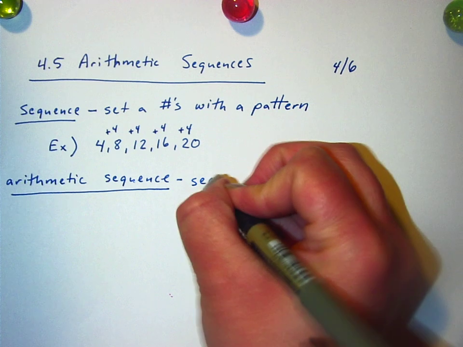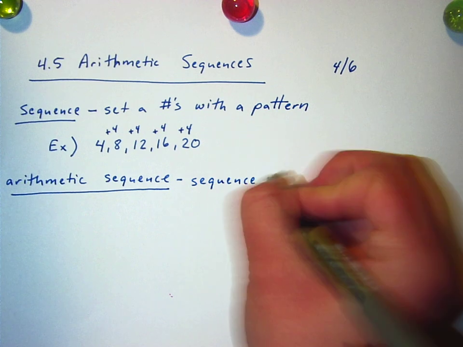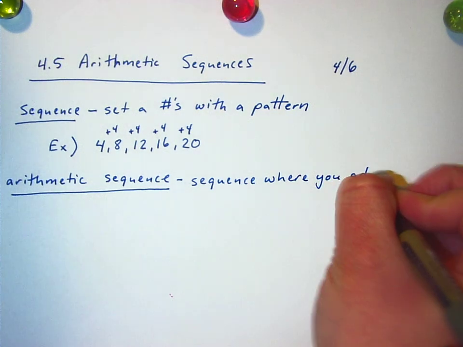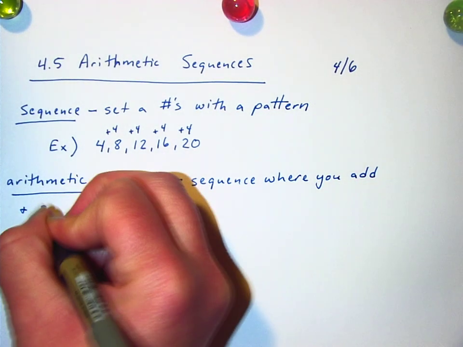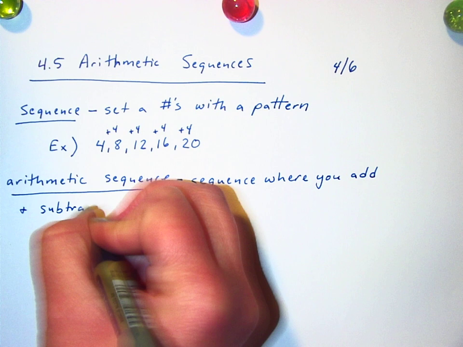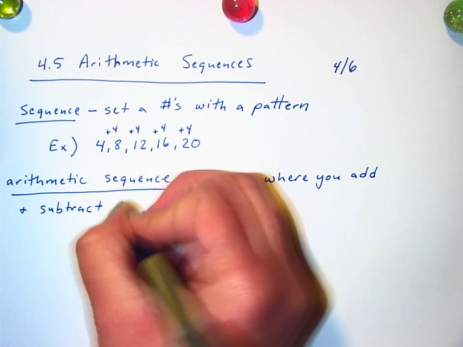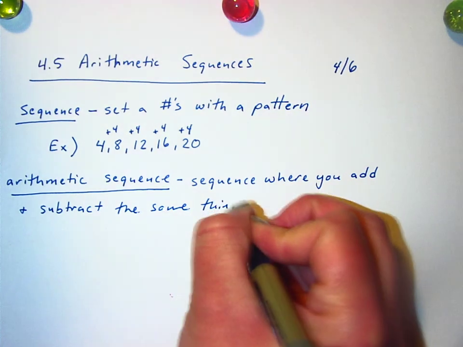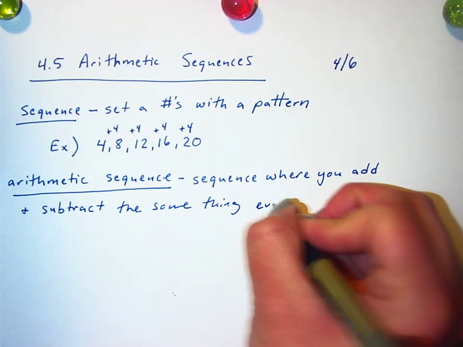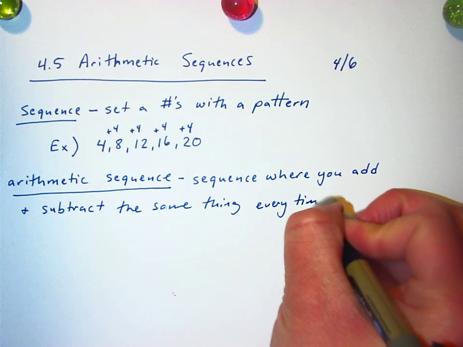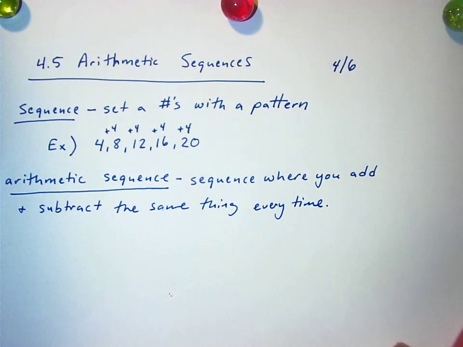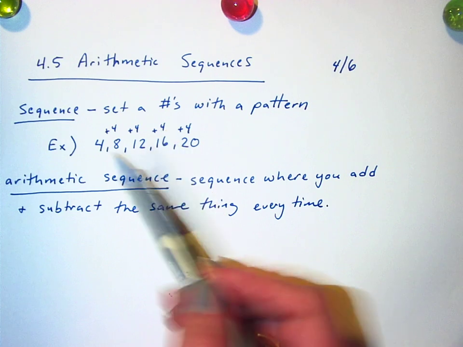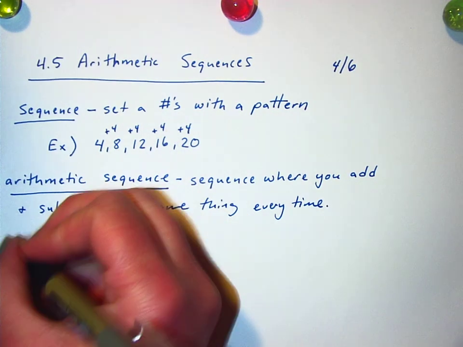This is a sequence where you add and subtract. Hope you guys are taking notes with me and not just watching. The same thing every time. Okay, for example, this one up here is definitely an arithmetic sequence because it's adding the 4 every single time.